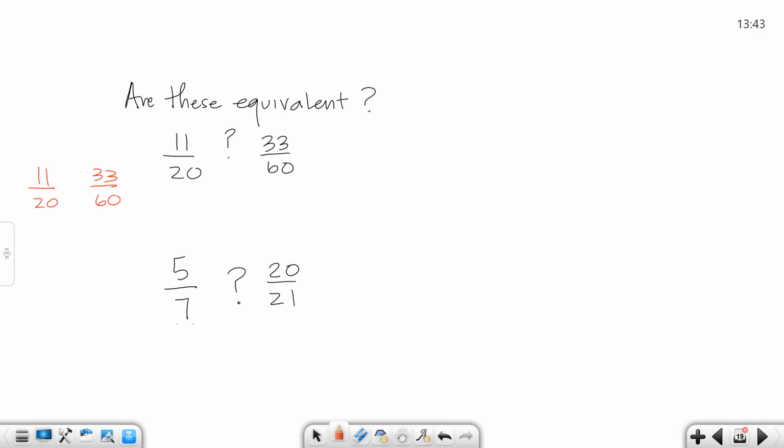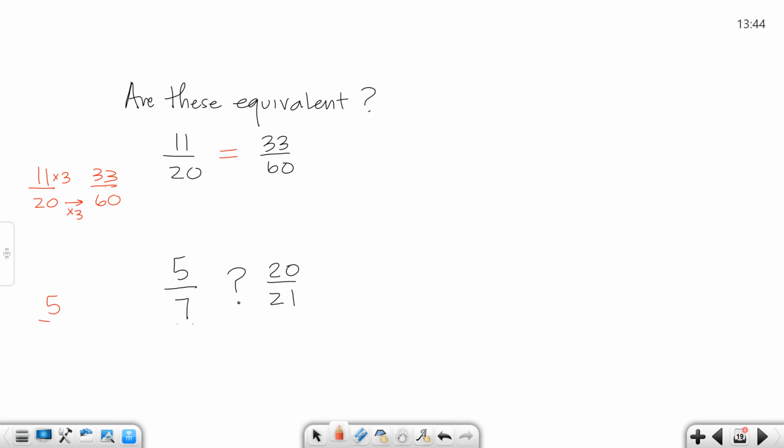Okay, if I'm going from 20 to 60, that means I multiplied by 3. If I multiply by 3 on the top, I get 33, which is what I was looking for. So that means that these are equivalent, because 11 times 3 is 33, and 20 times 3 is 60, so they would be equivalent.